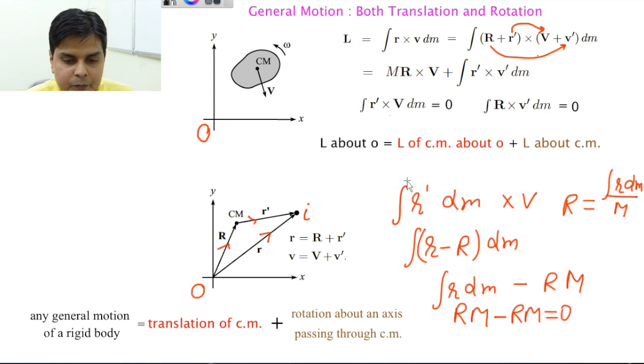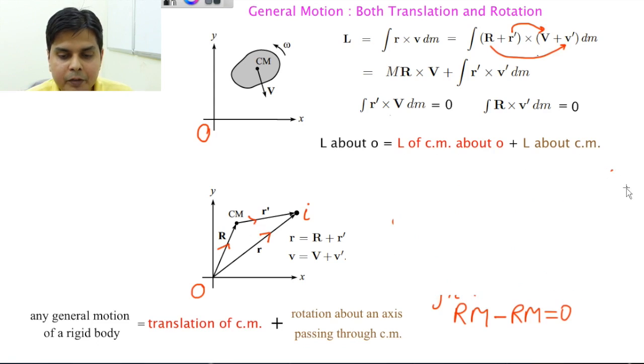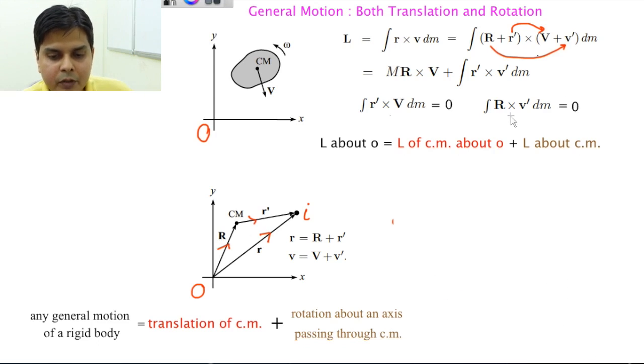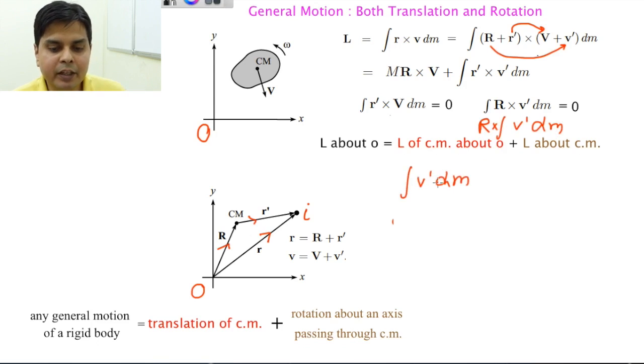Similarly, when I concentrate on this v prime, this R can be taken out, so I will write it as R cross integral v prime dm. Now what is this integral v prime dm? This is the velocity of center of mass in its own frame, so that has to be 0.